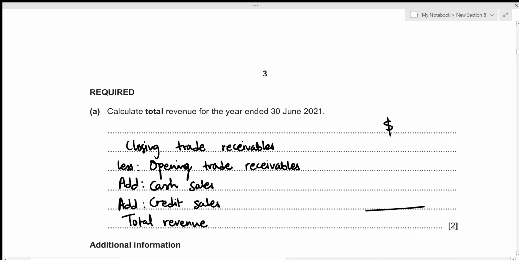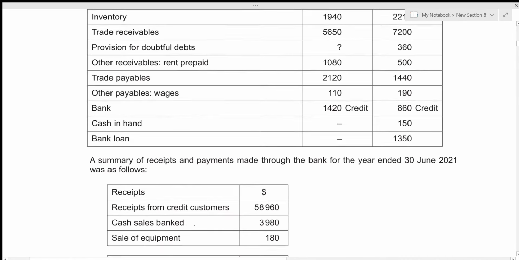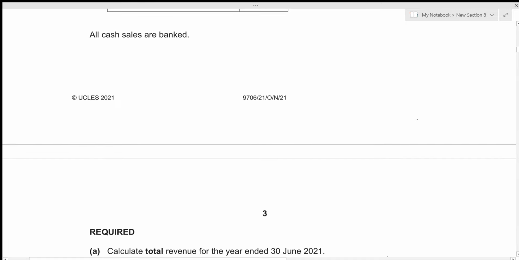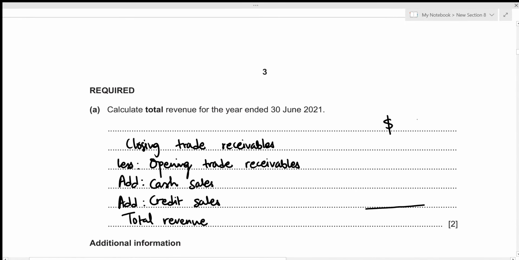Now first let's find out the figures for closing and opening trade receivables, which is given in this table. Right here we're given the trade receivables. So the closing balance is 5,650 and the opening balance is 7,200. Let's write that down. The closing balance was 5,650 and the opening was 7,200.